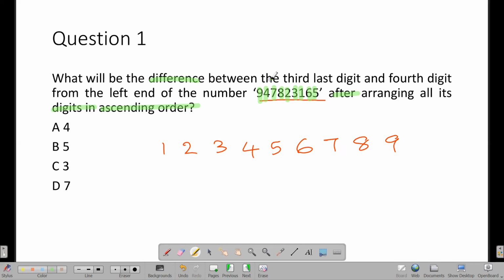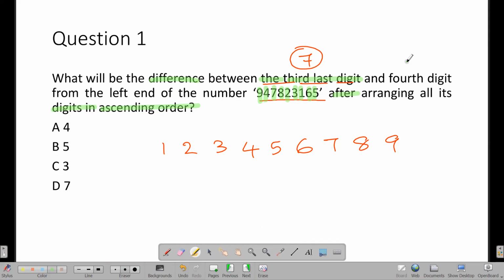Now, let me locate the third last digit. The first last digit is 9, second last digit is 8, the third last digit is 7. Let me write it here. The third last digit in this case is equal to 7.